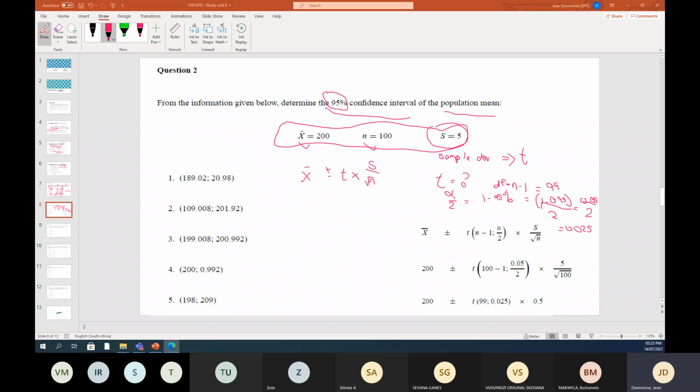When we get to chi-square in chapter 10, we will also need to use the table. So let me just see if I can quickly get to this. Okay, this is quite interesting. My PDF has changed.